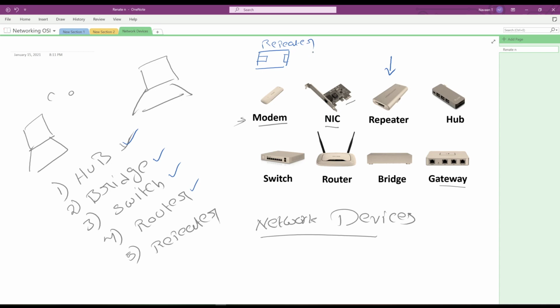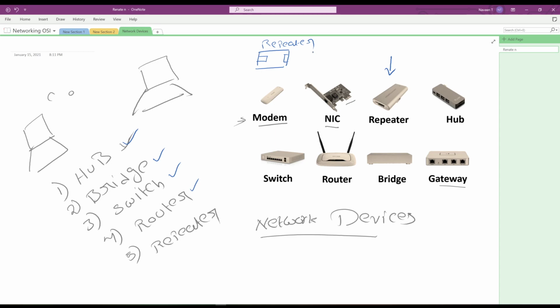What happens when you send a signal over the wire for a long distance is that the signal tends to deteriorate, to get weak, by the time it reaches the destination. So we use repeaters in the middle.